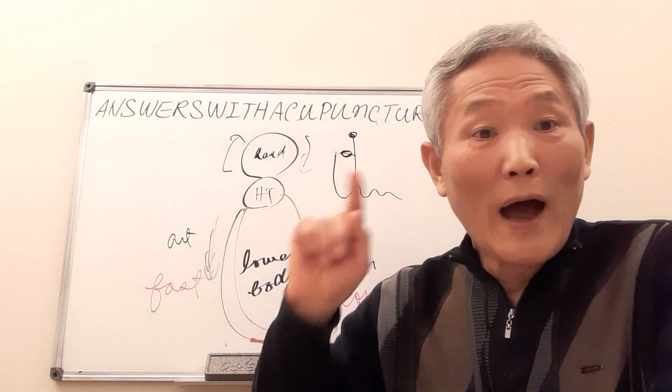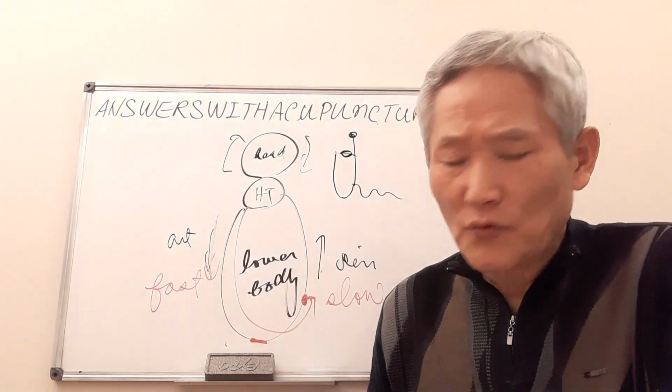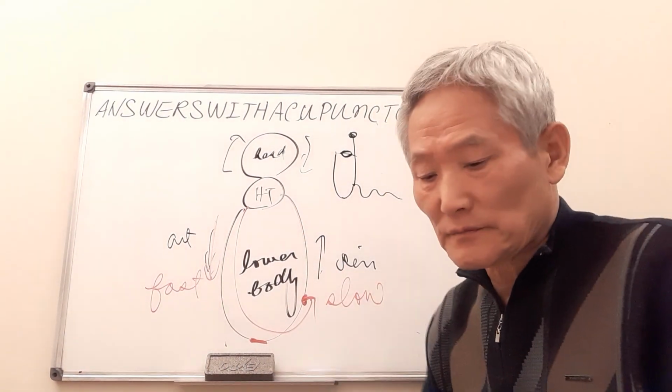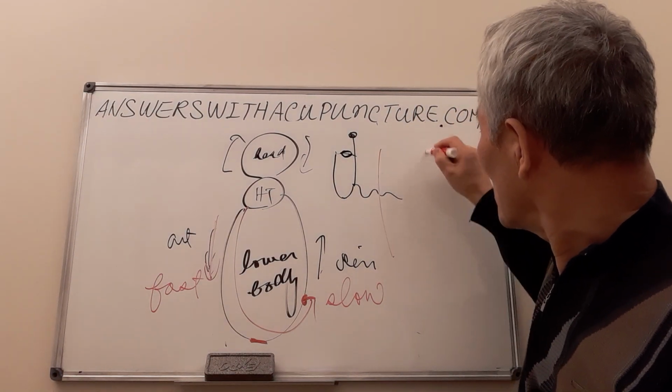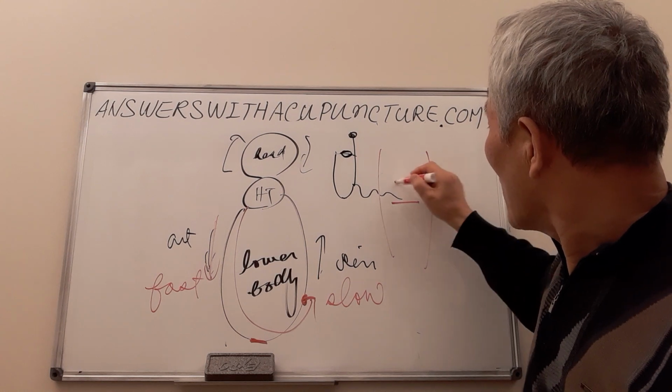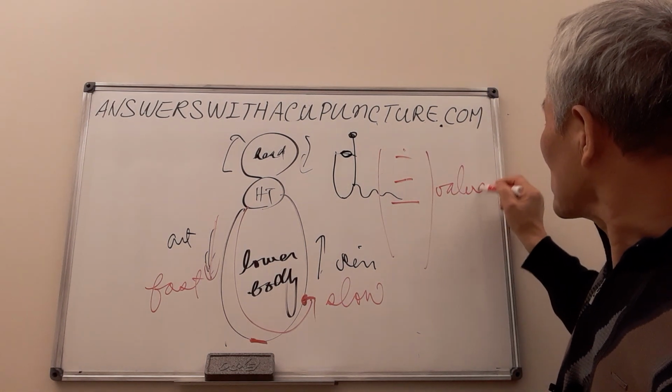One part is because of over there. Why? Because there are 1, 2, 3 valves here.